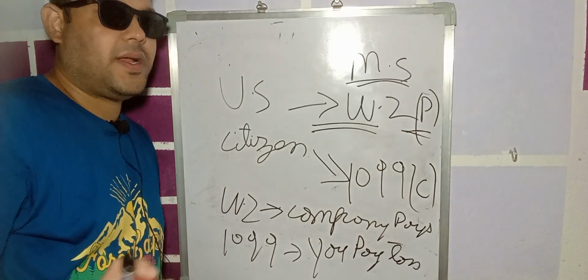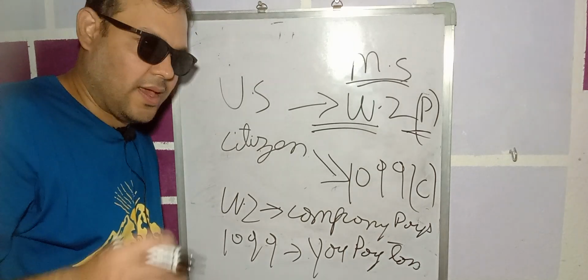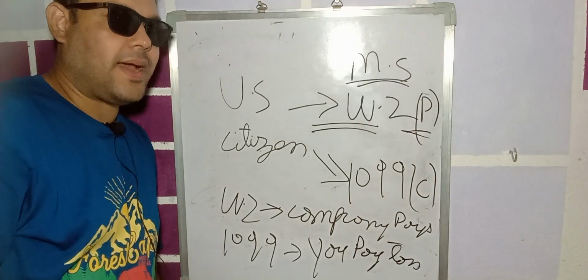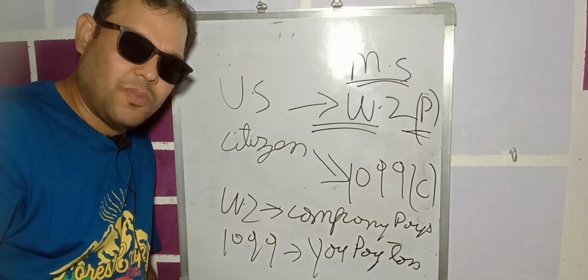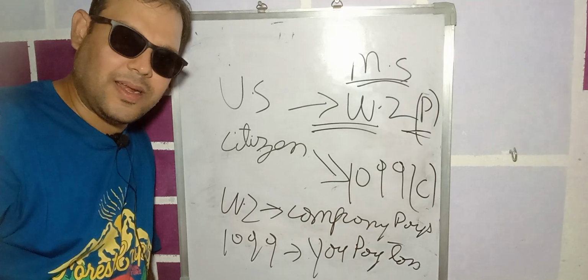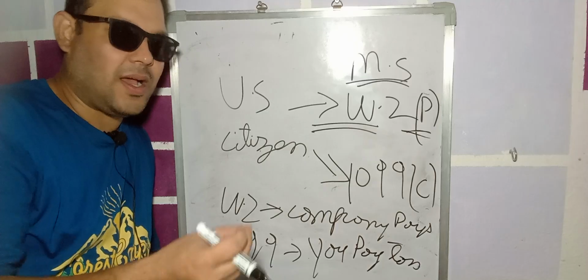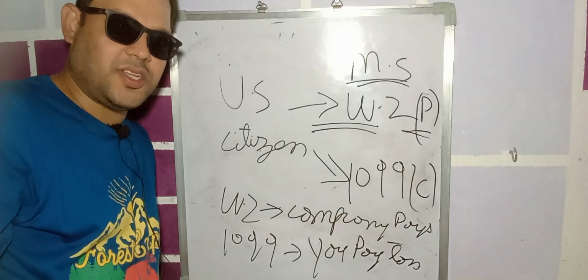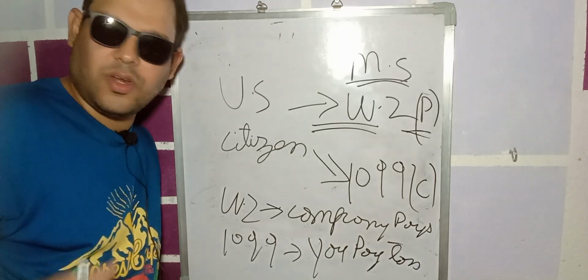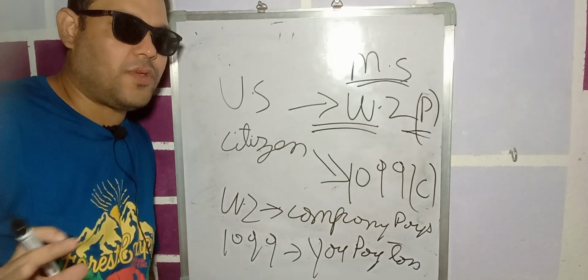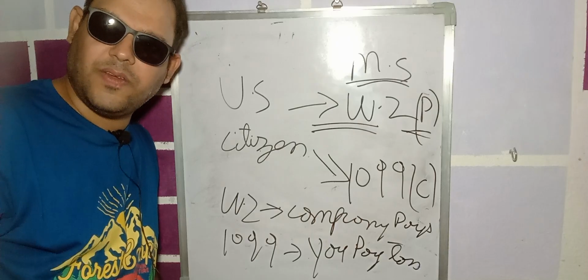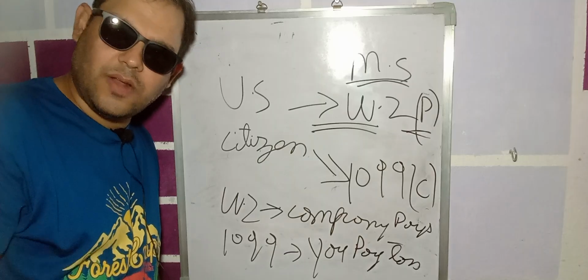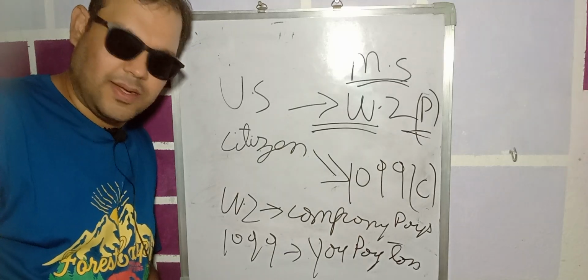Permanent is W-2, and the company pays the taxes. Contract is most probably on 1099, but sometimes I have seen job descriptions in which the contract is on W-2. So if you are working on W-2, the company will pay taxes, and if you are working on 1099, you yourself are responsible for paying the tax.